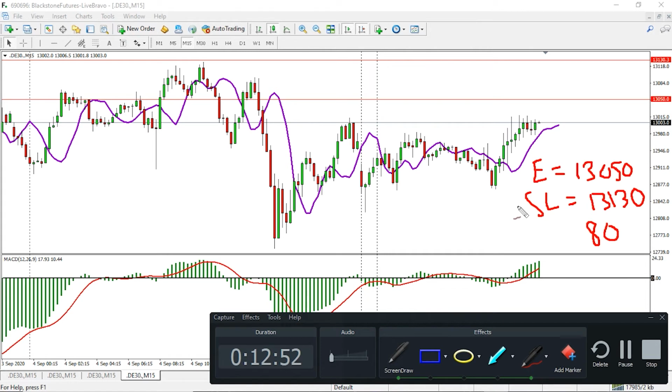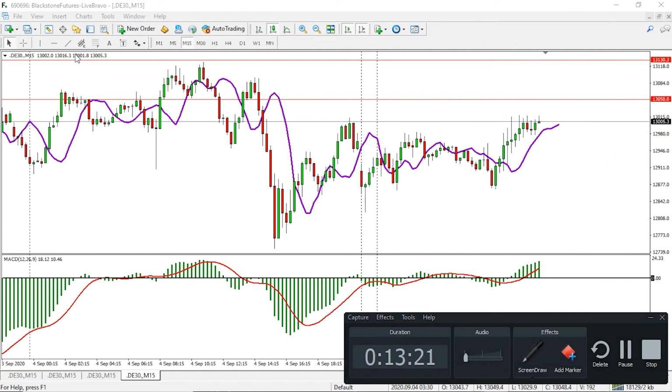So in this instance, I am risking 80 points, which means that I want at least 80 points of take profit, which means my take profit here is going to equal 129.70. That'll give me an 80 point take profit. So if we pop that in there, guys, we can immediately set it there at 129.70.